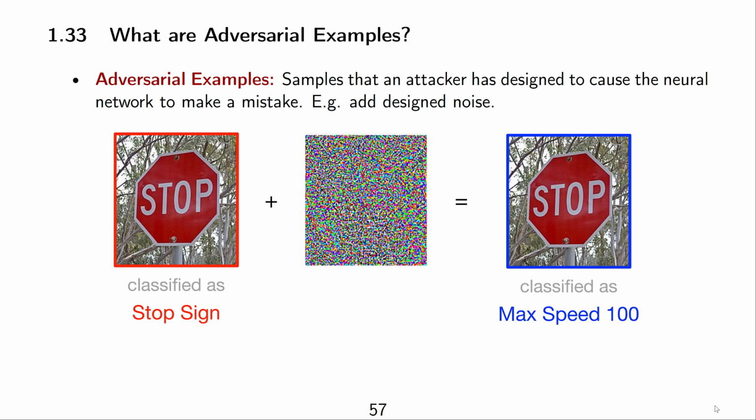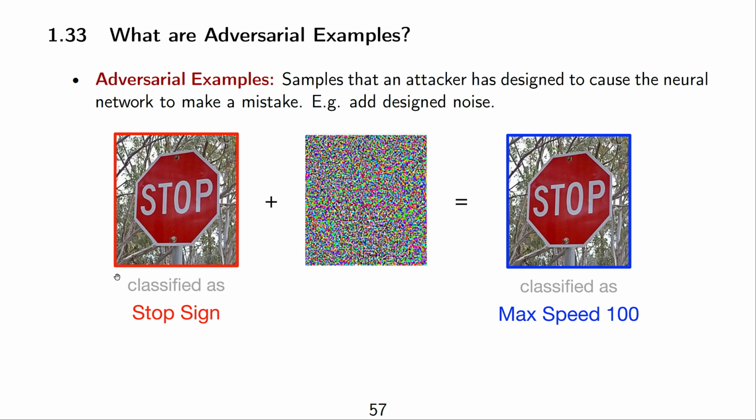So what are these adversarial examples that deep learning systems are concerned about and that adversarial training is concerned about? An adversarial example is a sample that has been specifically designed by an attacker to cause the neural network to make a mistake. One example is visualized below: a small noise function added to an image to cause a classification neural network to make a mistake.